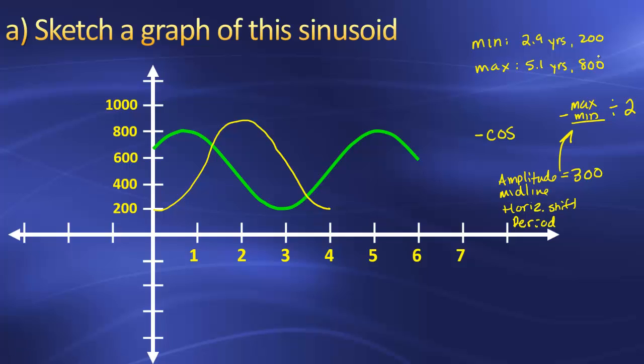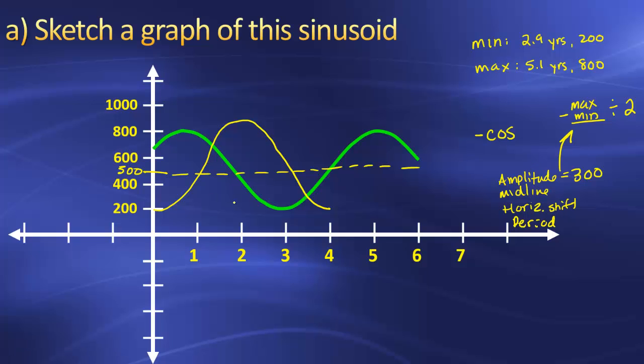Our midline is basically what's right in the middle. You can take that amplitude and just add it to the minimum, and that'll be your midline. So our midline occurs at 500, which also happens to be our vertical shift. So we know vertical shift is 500.